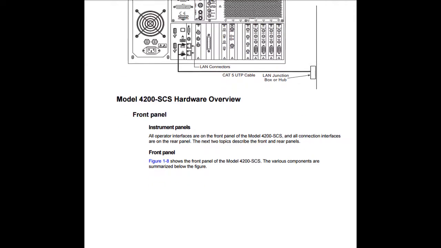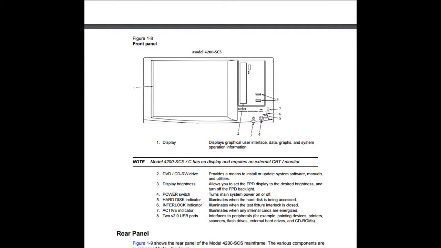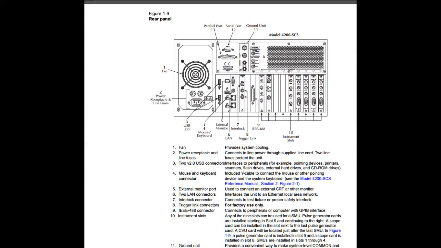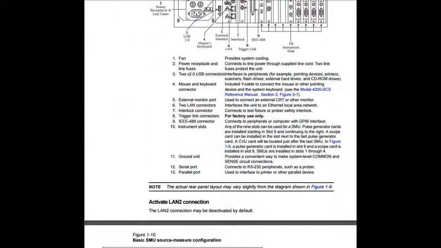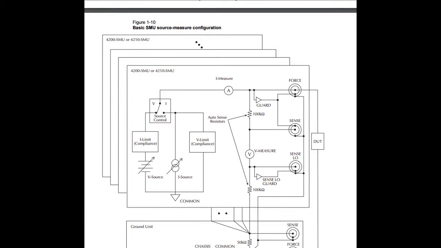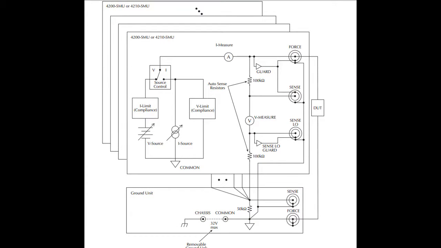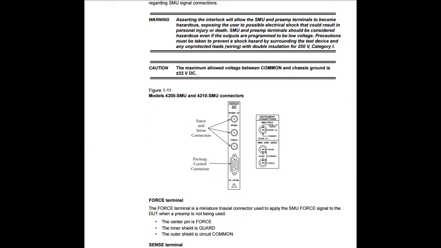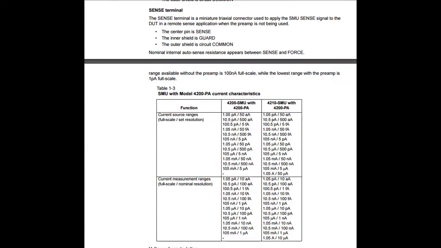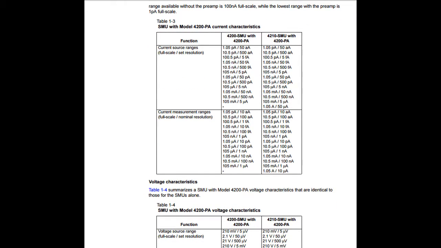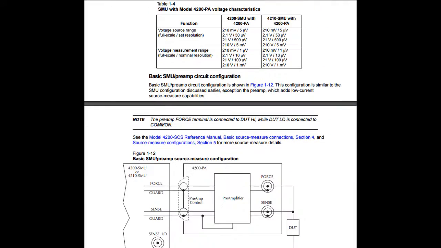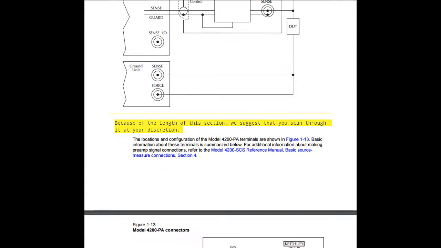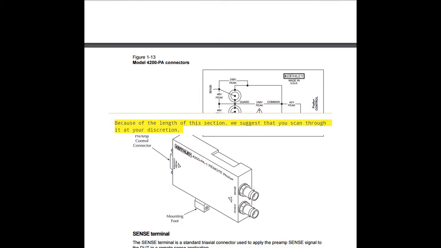It's a lot of information, but I believe anyone who sees this will understand that I'm certainly capable of creating very complex technical documentation, very specific to a high degree of usability. Because of the length of this section, we suggest that you scan through it at your discretion.